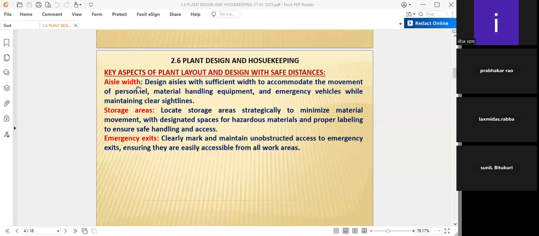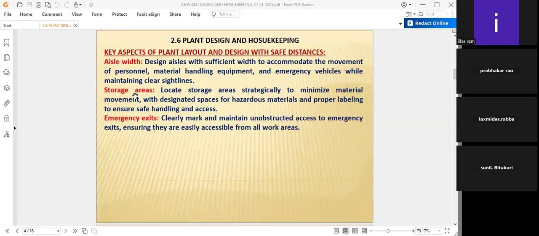Directions are always to be given on a display where visitors are clearly advised. Normally, locate storage areas strategically to minimize material movement, with designated spaces for hazardous materials as well as non-hazardous materials.